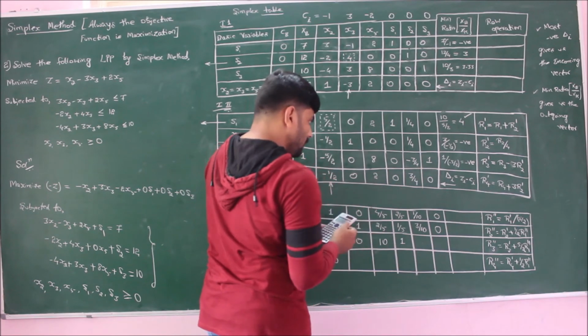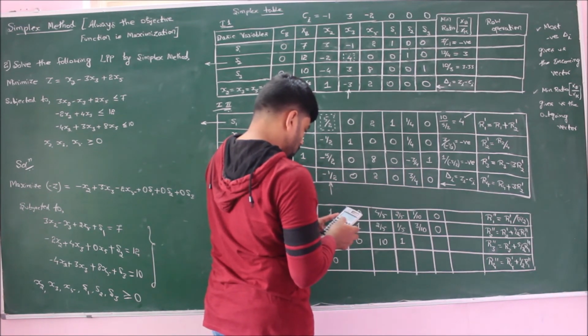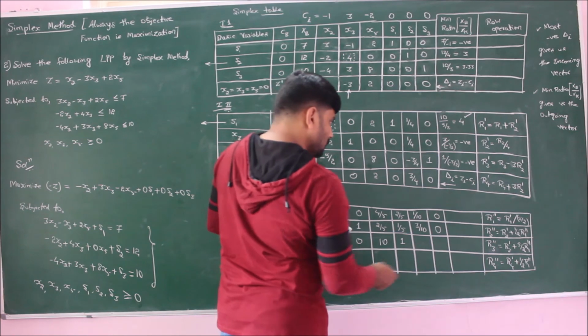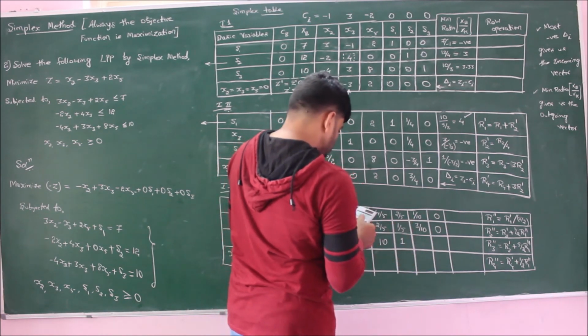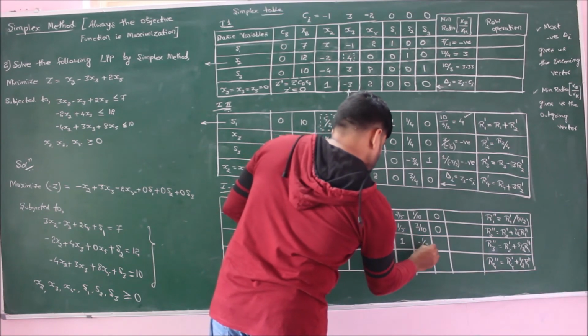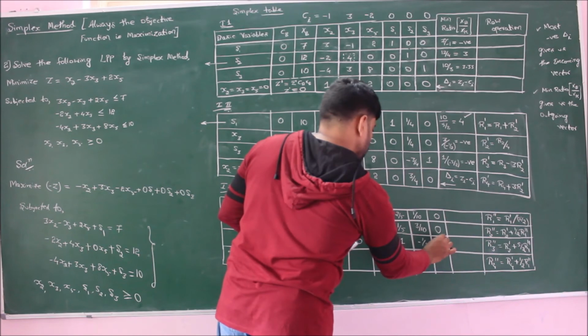So we have minus 3 by 4 plus 5 by 2 into 1 by 10, minus 1 by 2. Here we have 1, here we have 0, therefore it will become 1.